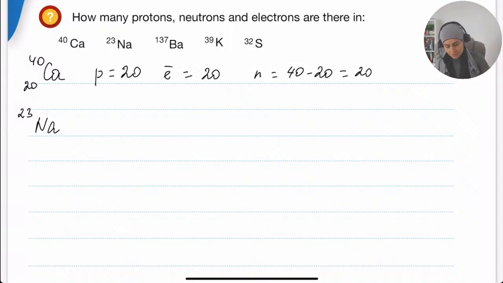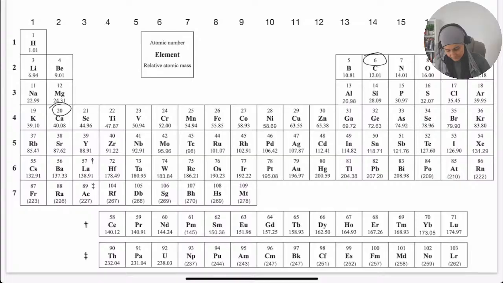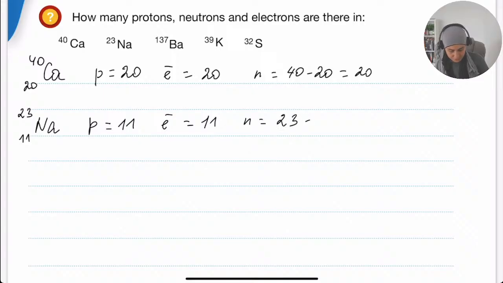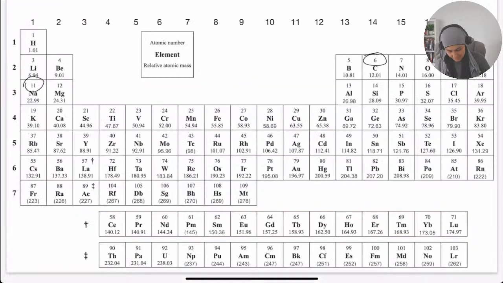Next, sodium, mass number 23. Number of protons from the periodic table: it's 11. So 11 protons, 11 electrons. Neutrons would be 23 minus 11, which is 12. Next one, barium 137. For that one, I'll need a calculator. Barium, atomic number 56.